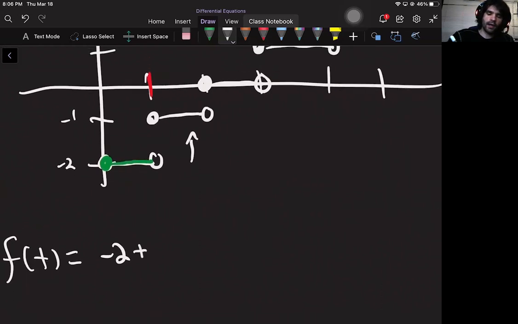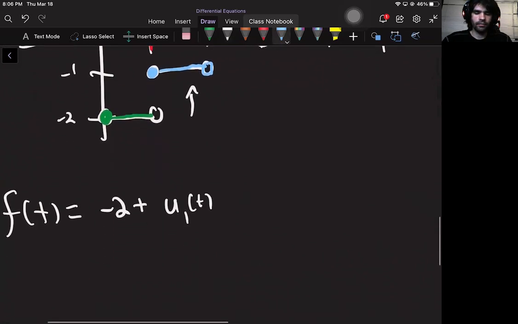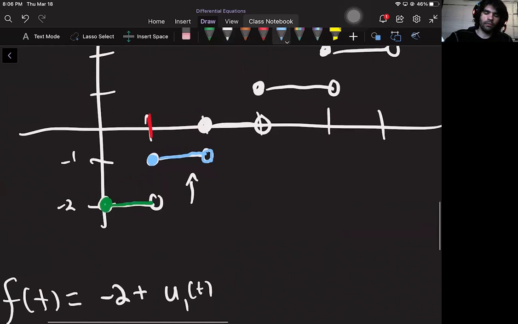So if I just add U1, that will accomplish this. So if I just leave it like this, then the graph I've got is this, basically, this blue stuff. But of course, that's not what I want.